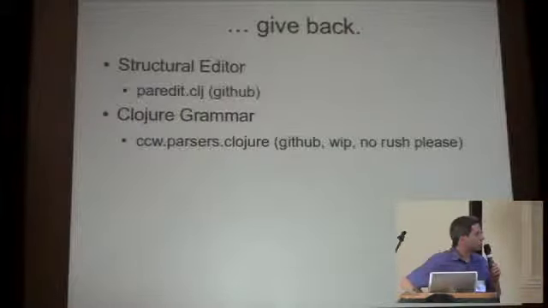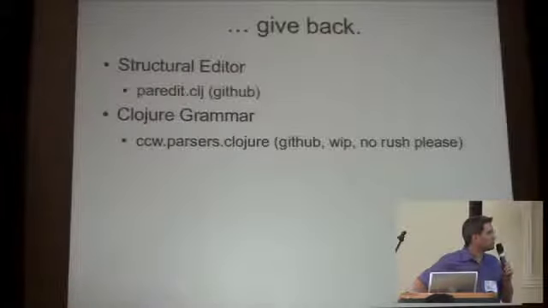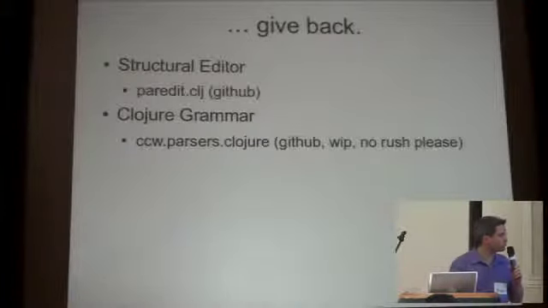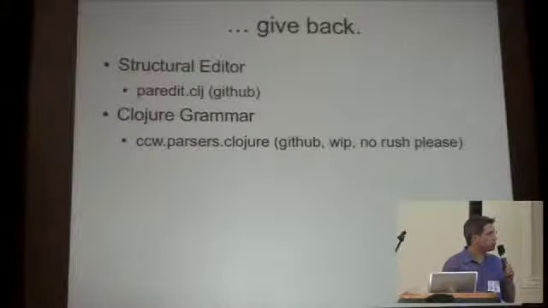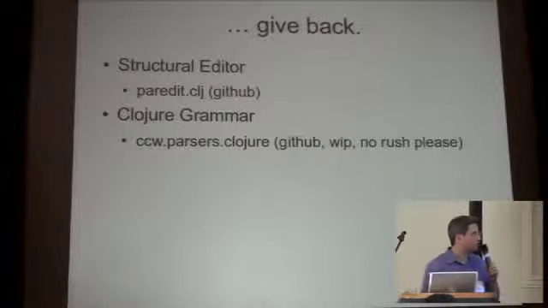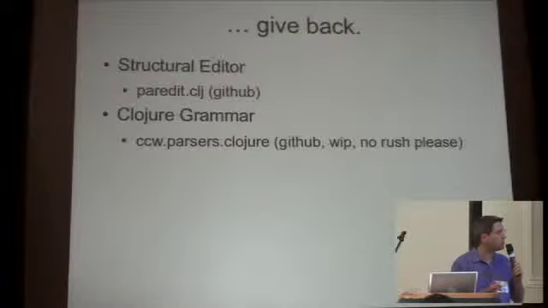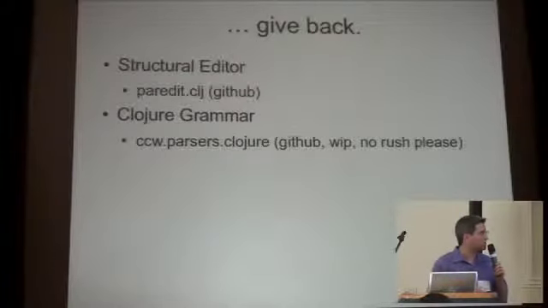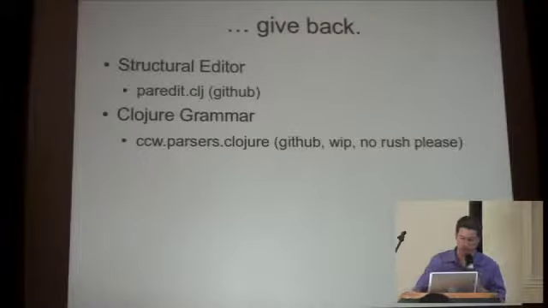And I'm also currently working on the Clojure grammars, and I have had some person who asked to make it an XML project, and it's on its way. But don't rush to it, please, because it's an intermediate state, and I'm really, really not happy with how the Clojure grammar is written currently. It just happens to work.